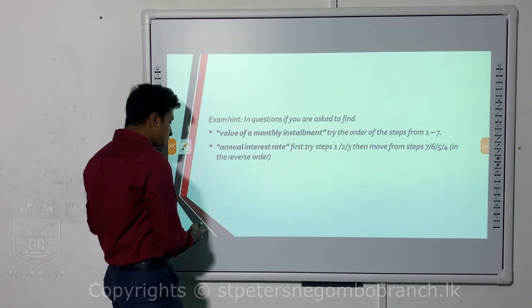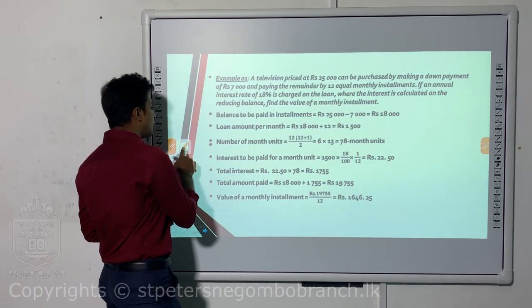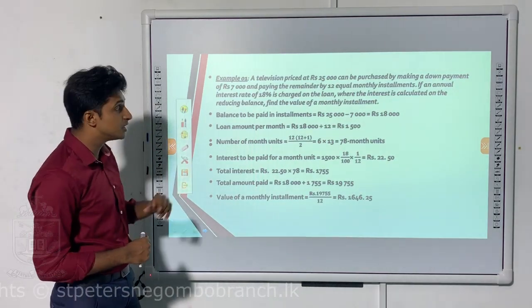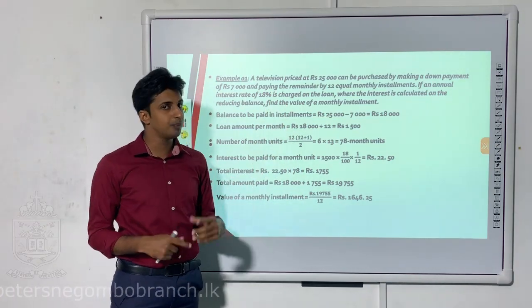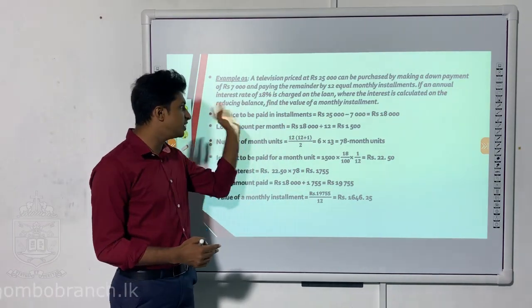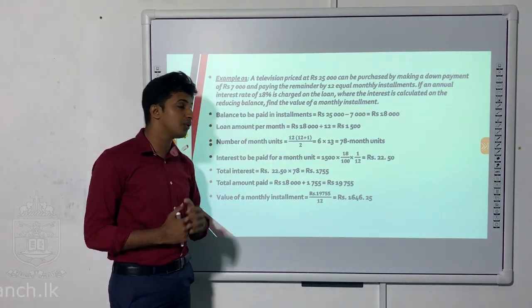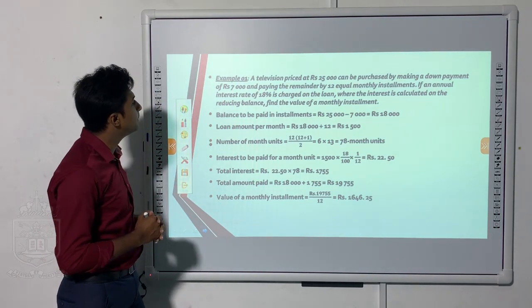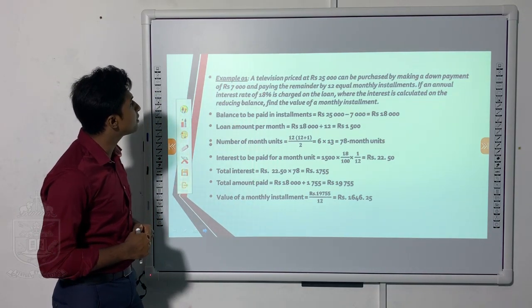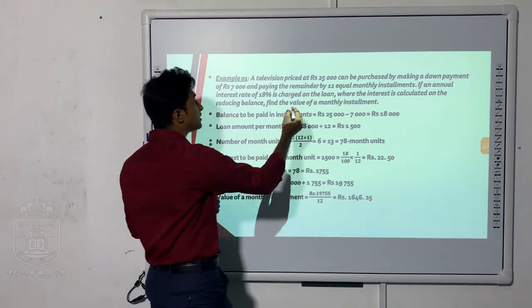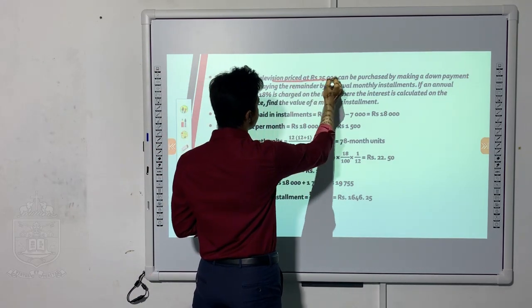Now we'll see how the questions are given. This is a direct forward question, no Roman numbers. They will directly give you the question, so let's see how we are going to answer it. Example number 1: a television priced at rupees 25,000, that is the price of the television.